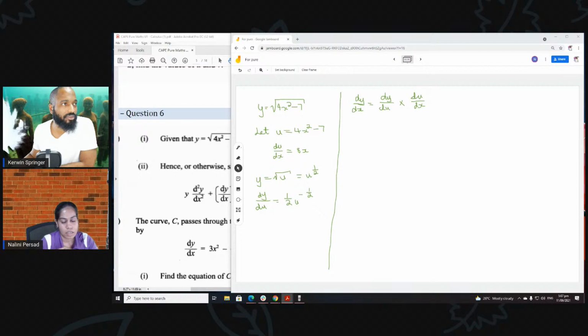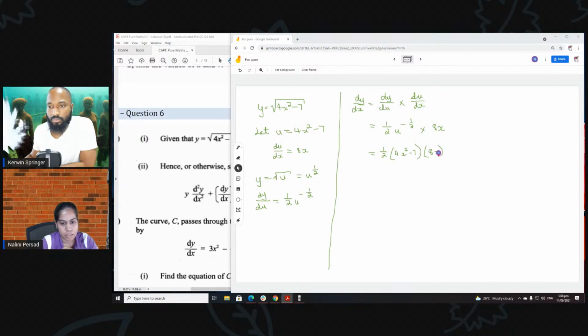So dy dx, dy du is equal to a half u to the minus a half multiplied by du dx, which is 8x. Right, so we need to substitute back u into here. So u is equal to 4x squared minus 7 multiplied by 8x.